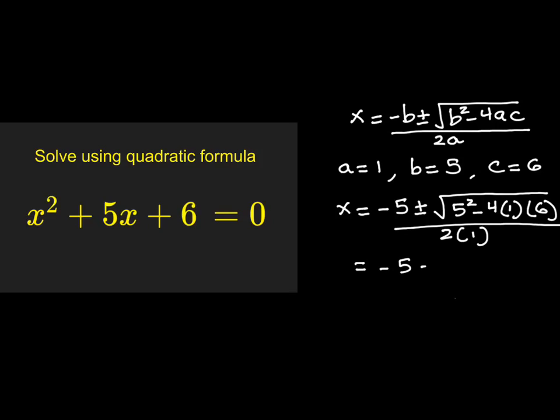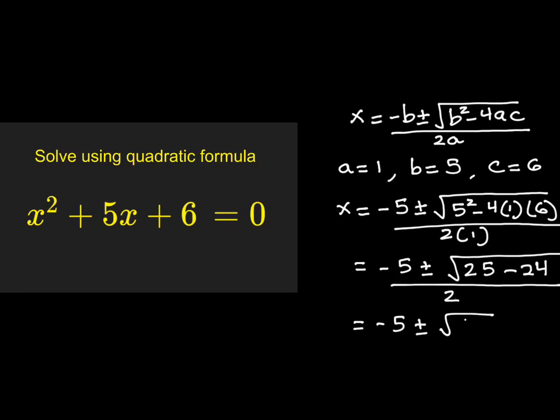So now we're going to simplify this. First of all, we do the 5 squared, which is 25. Then we have to do 4 times 6, and then we divide by 2 times 1, which is 2. So this turns into negative 5 plus or minus the square root of 25 minus 24, which is 1, right?